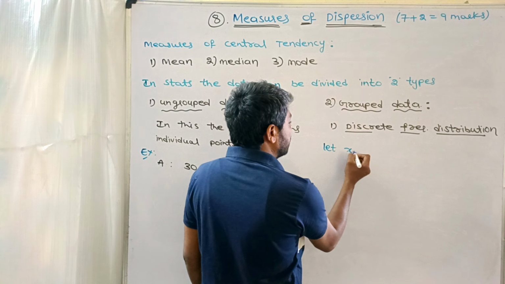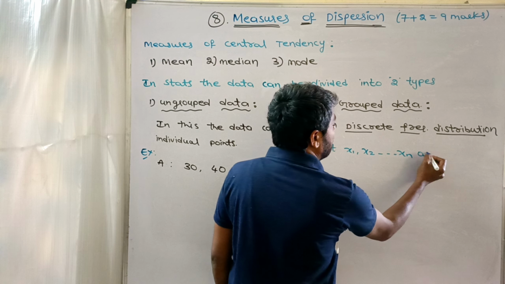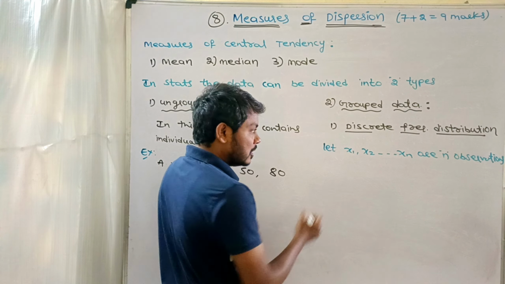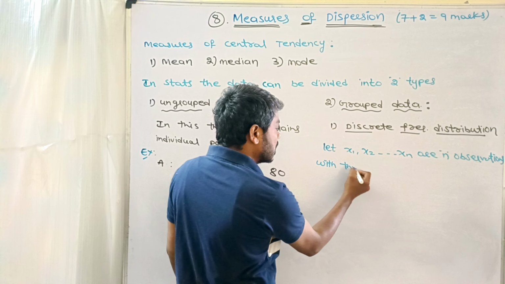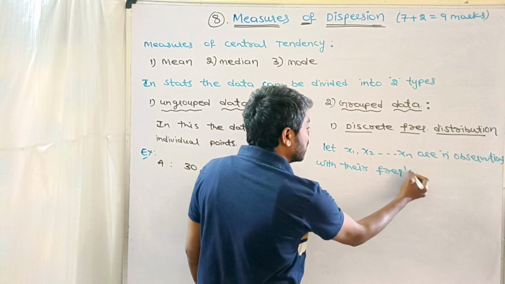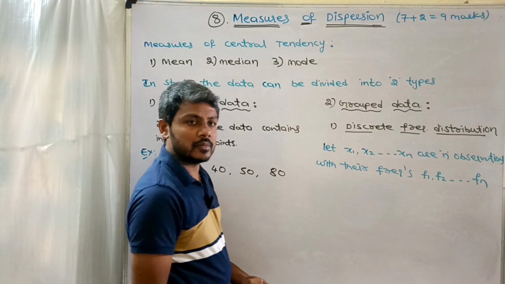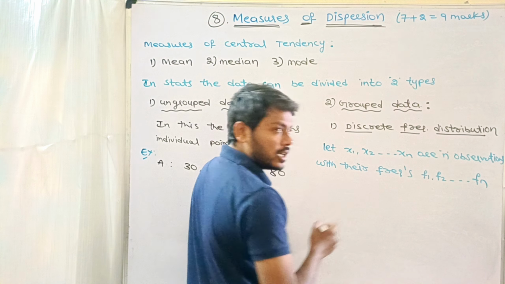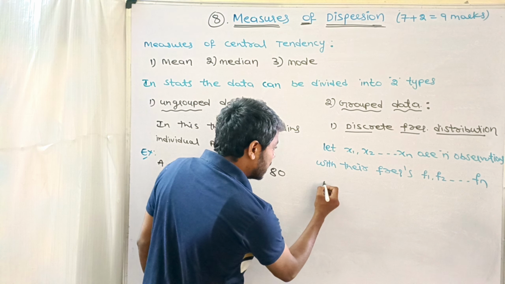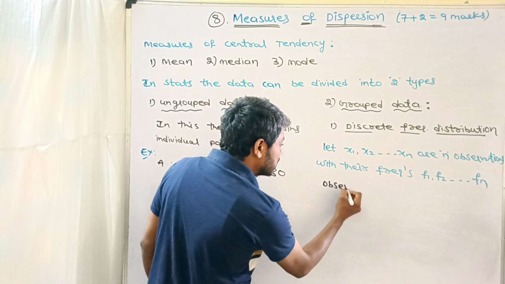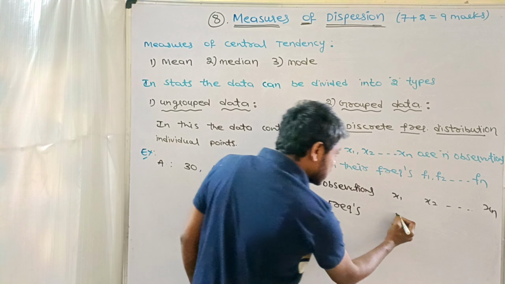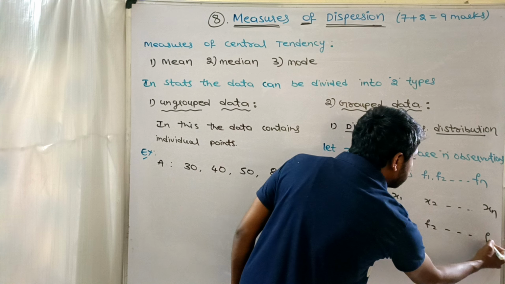Let x1, x2 and so on xn be n observations with their frequencies f1, f2 and so on fn.